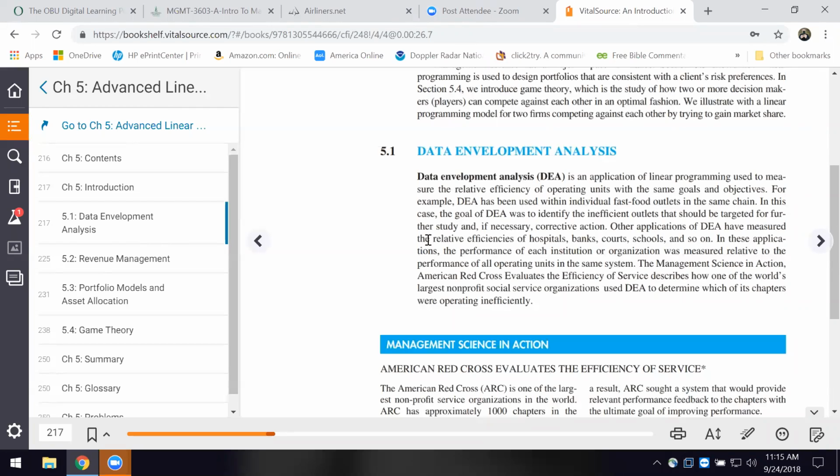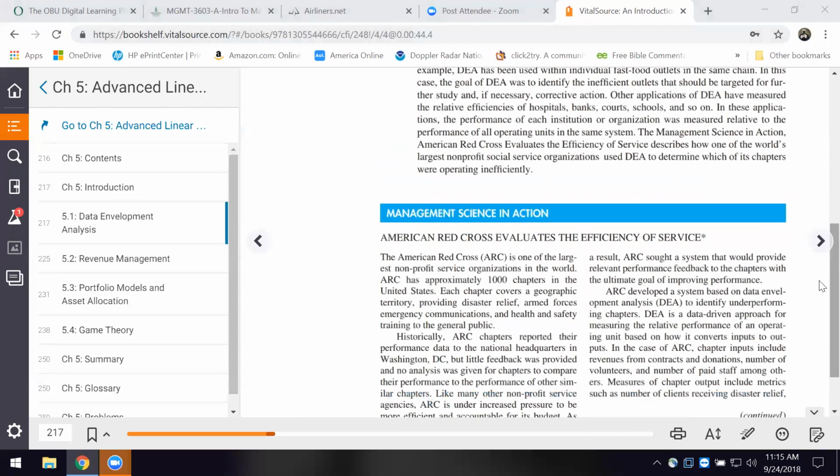All righty. Now, there in the textbook, this is section 5.1. Data envelopment analysis is a technique in the simplest terms where we take a set of operations that are part of a group, a system. Like in this case, it's a set of hospitals.